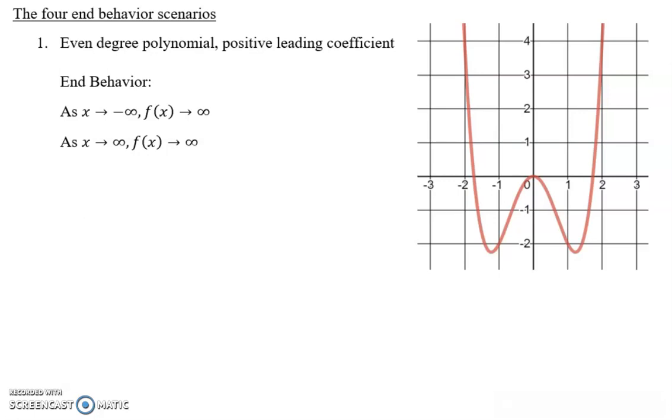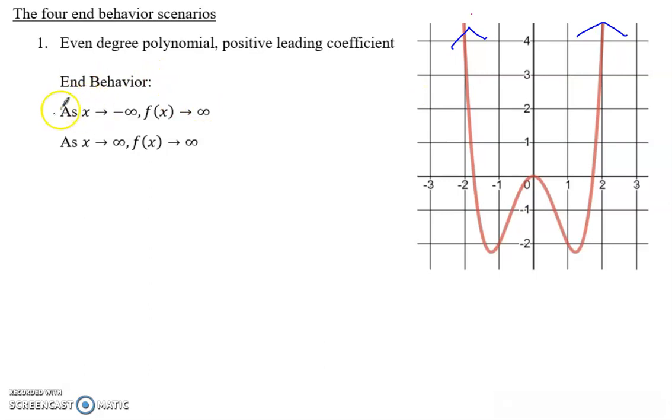The key things for this graph are what's happening at the ends, okay? Notice at the ends that we are going up in both, okay? And so that is going to signify our end behavior here, because we basically have both arrows here going up.